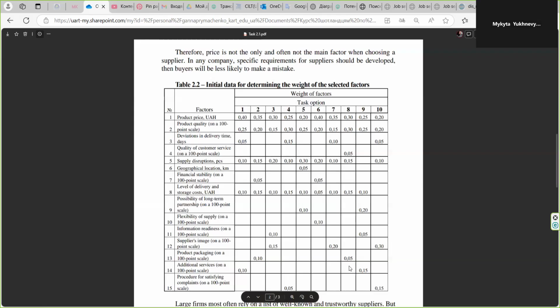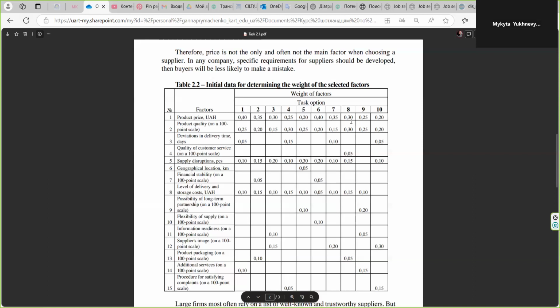What do we need to do next? Okay, so when we find all these weights of factors, we need to understand what this information means. For example, the first parameter, product price, is important for our company, but important at 30%.